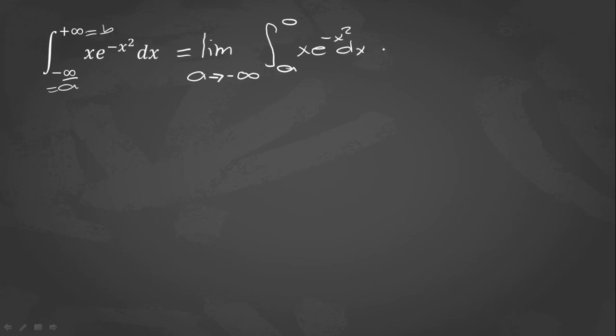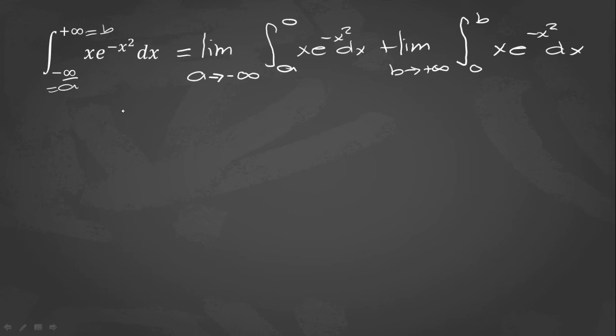Okay, notice that this has infinity, thus we assign this as a, and assign this also as b. It will become the limit as a approaches negative infinity, where our limits of integration are from a to 0, of x e to the negative x squared dx, plus our second limit, where b approaches positive infinity, with limits of integration from 0 to b of x e to the negative x squared dx.